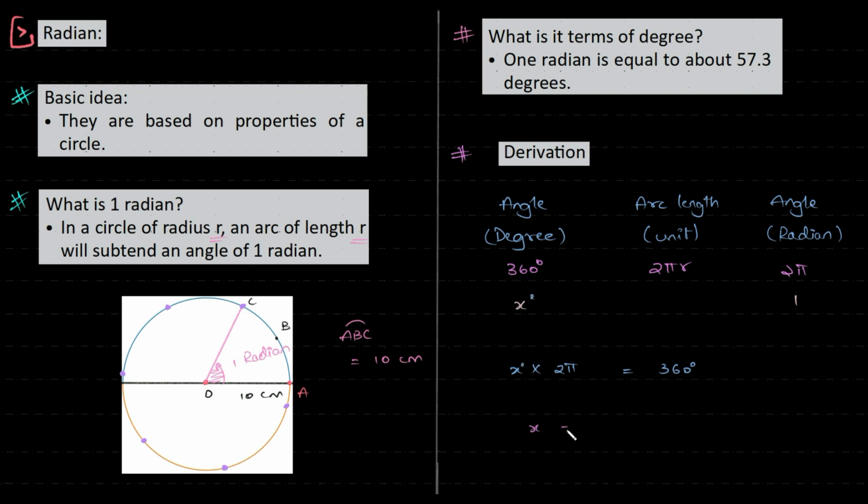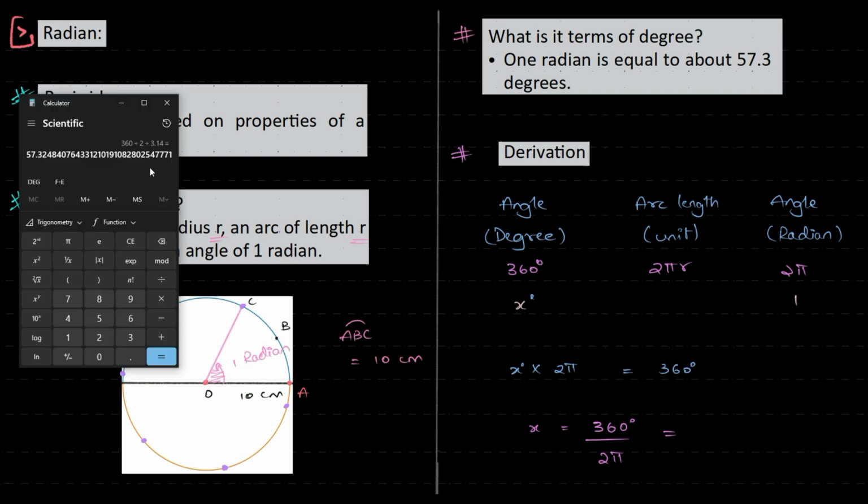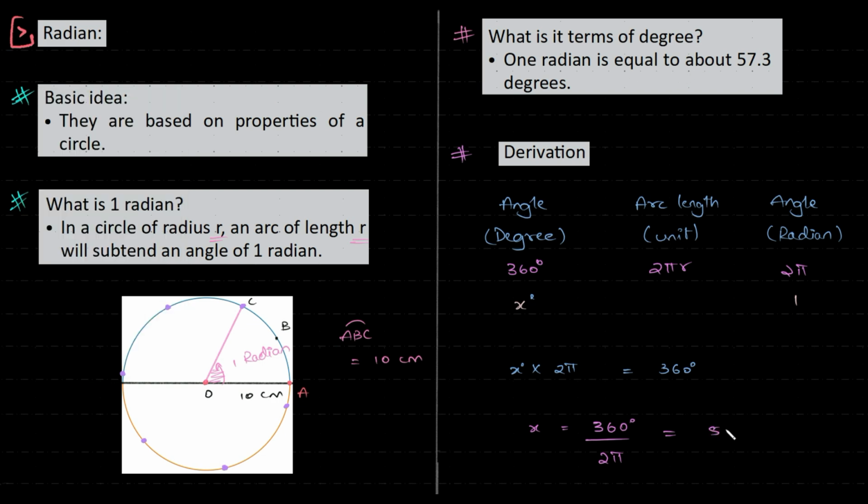So x is equal to 360 degrees divided by 2 pi, which turns out to be how much? Any idea? Let me do this for you. 360 divided by 2, which is 180, divided by 3.14. As you can see, it's the same value as what is written over there, 57.3 degrees.